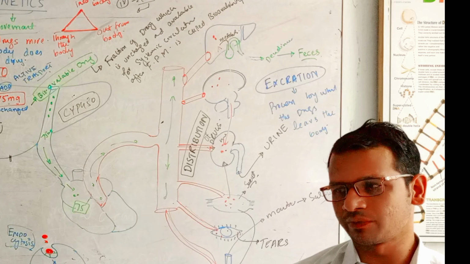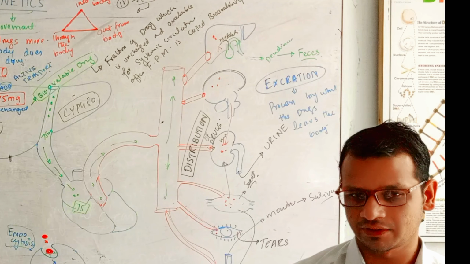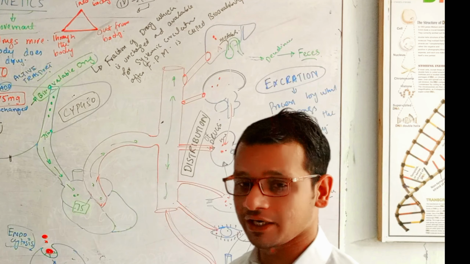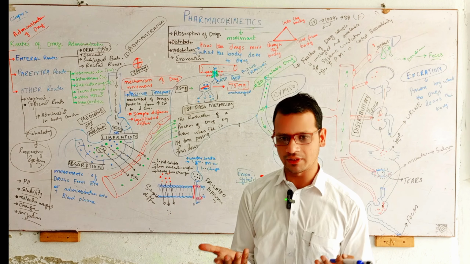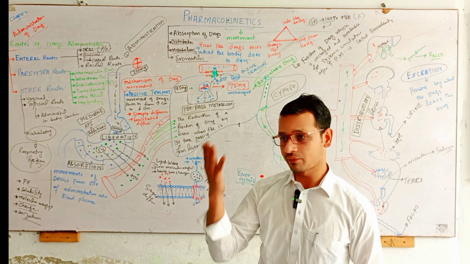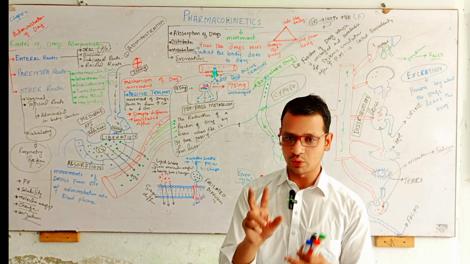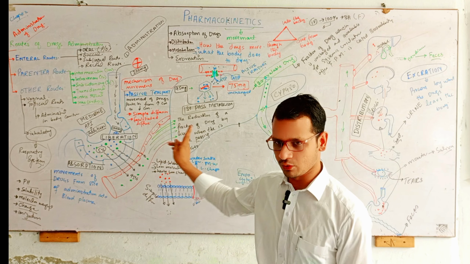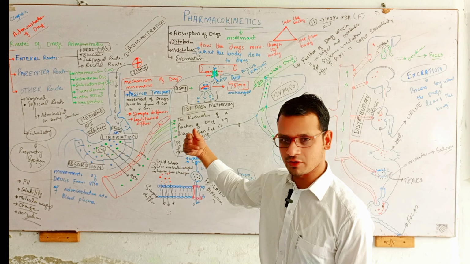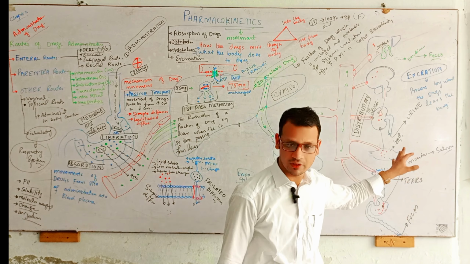Because dose management is very important in patients. For example, if you have a child patient, a patient up to 15 or 20 years, or a 60 or 70 year old patient, the dose management will be different, right? Because of volume of distribution, because of absorption, because of clearance, because of excretion.